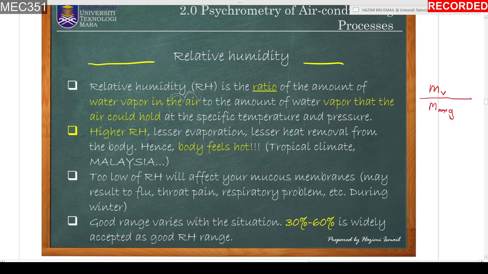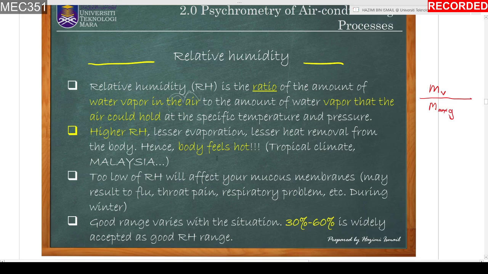Tapi kalau Malaysia, sepanjang tahun panas, hujan dan tinggi humidity. So badan kita dah biasa dengan cuaca kita.